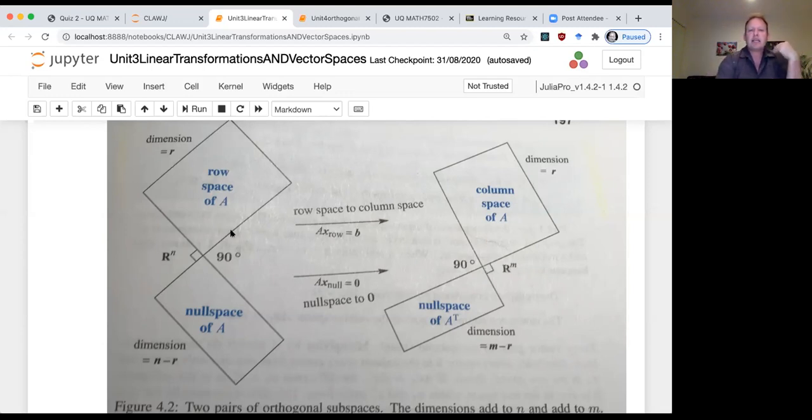However, the number of linearly independent rows is the same as the number of linearly independent columns. And again, the complement of the row space, and I'm putting little quotes around complement because these two vector spaces still intersect at 0, is the null space, and that has dimension N minus R.